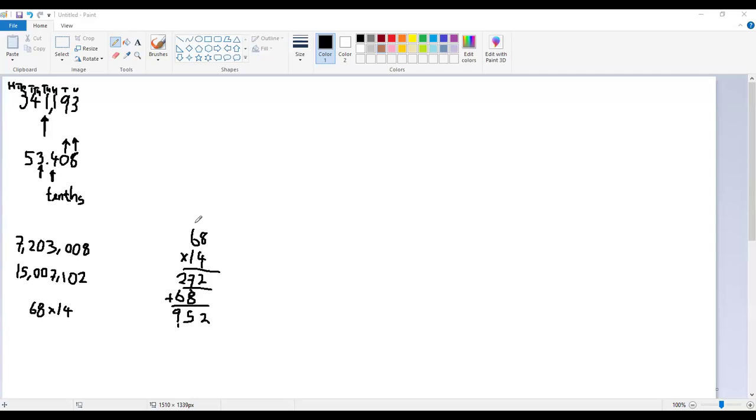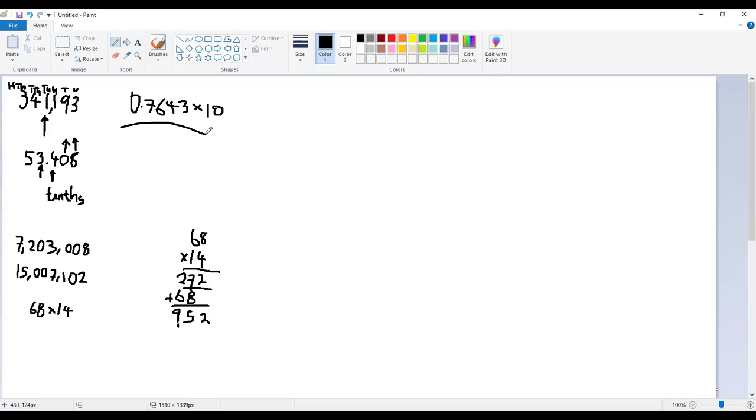Can you give me an example? 0.7643 times 100. I was very good at this. You are very good at it. Excellent. Can you tell me what you do in this case?